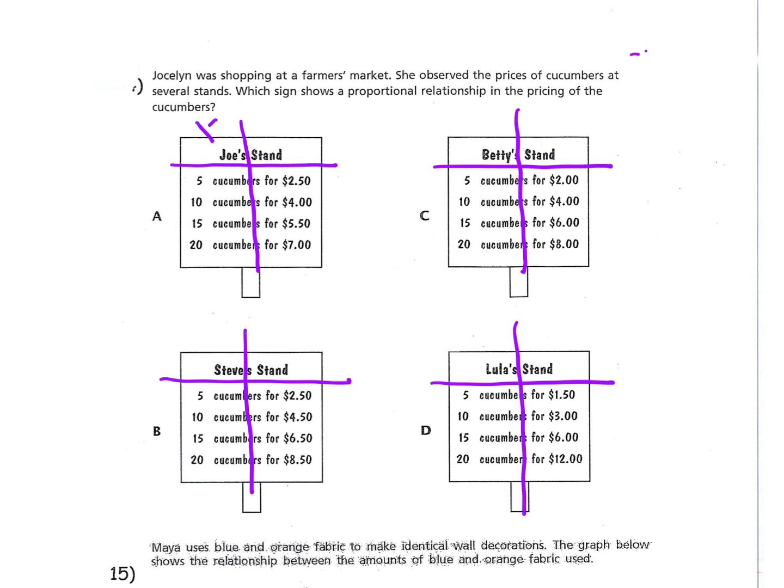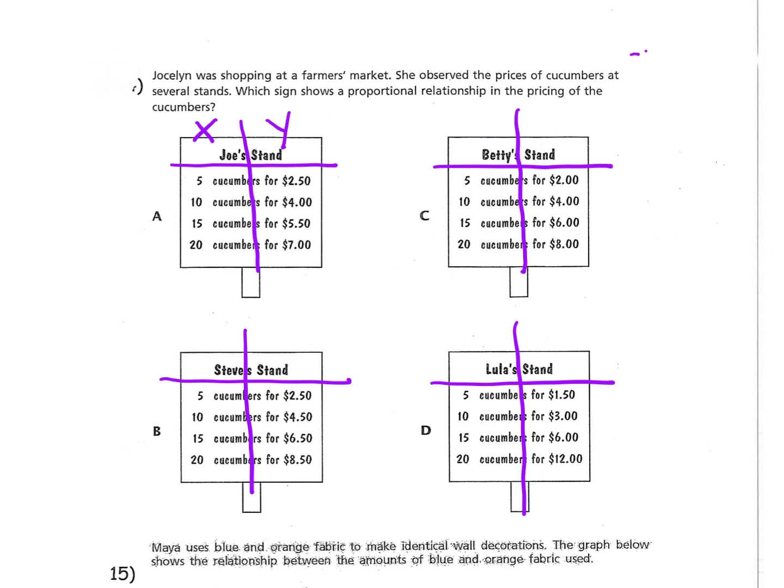Your X is your number of cucumbers and your Y is the cost. Let's read the question. Jocelyn was shopping at a farmer's market. She observed the price of cucumbers at several stands. Which sign shows a proportional relationship in the pricing of the cucumbers?